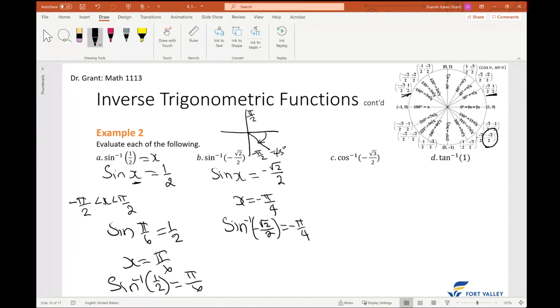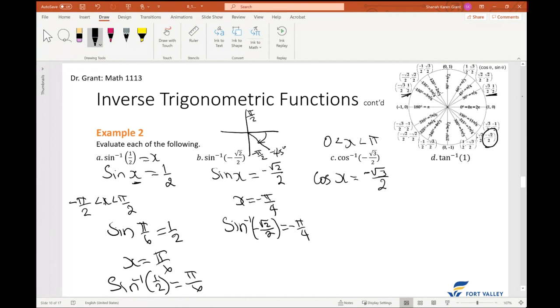What about cosine inverse of negative root 3 over 2? Again, you're looking for the value of x such that when you take cosine of it, you get negative root 3 over 2. But x needs to be between 0 and pi, so only the top half of the unit circle.